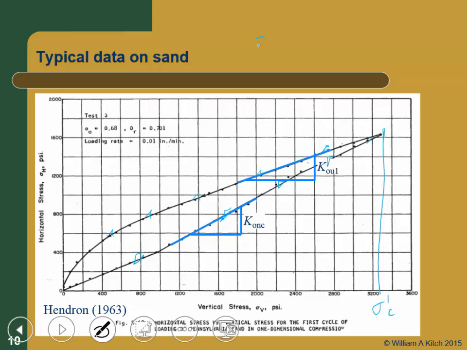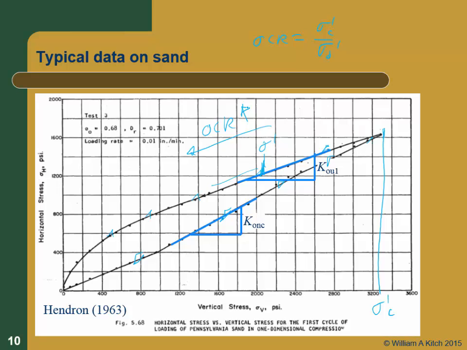Remember that the over-consolidation ratio is equal to sigma prime C divided by sigma prime 0, or sigma prime right now. So as I unload down here, at any point where I'm at, that's the current sigma prime, so as I go in this direction, OCR goes up.